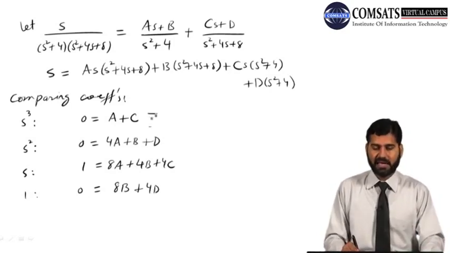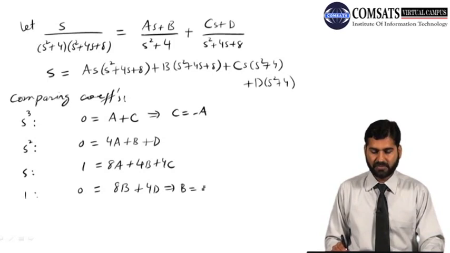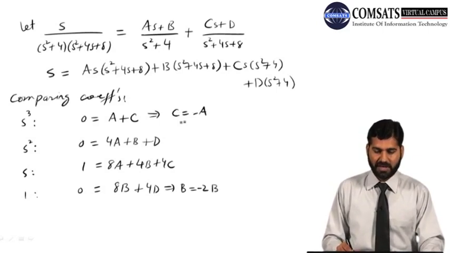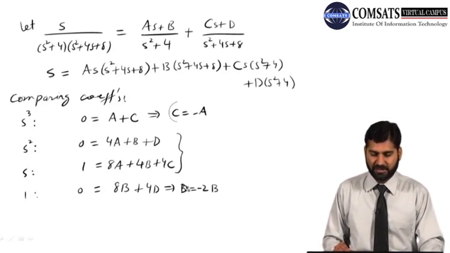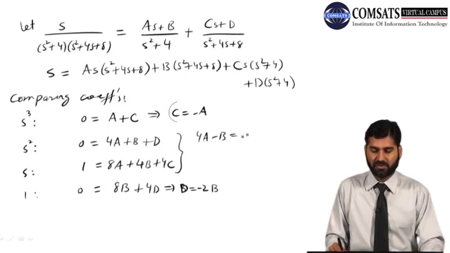So I can write c in terms of a and d in terms of b. d is negative 2b and c is negative a. If you plug this into these two equations, you will get 4a plus b plus d, where d is negative 2b, so you get 4a minus b equals 0.